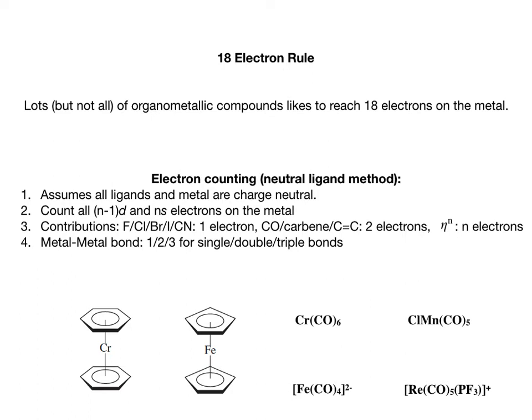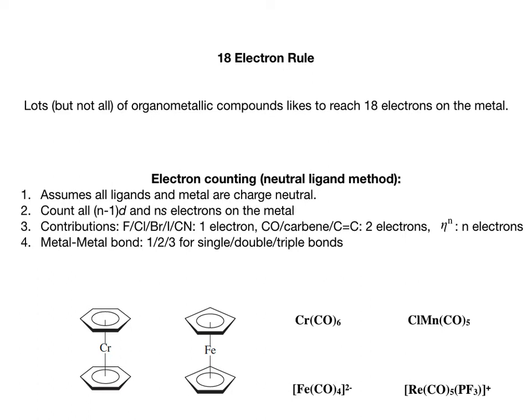In this case, you again assume the ligands are neutral. So if you have fluorine, chlorine, bromine, iodine, and things like this, they will contribute only one electron instead of two, okay?